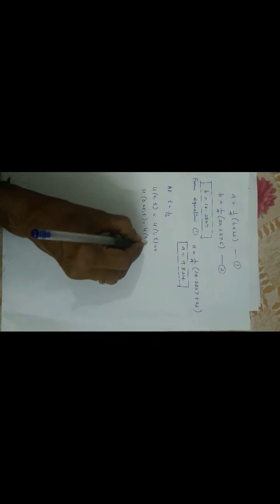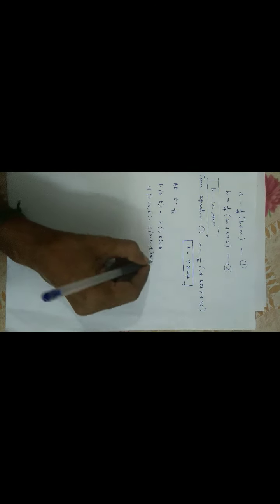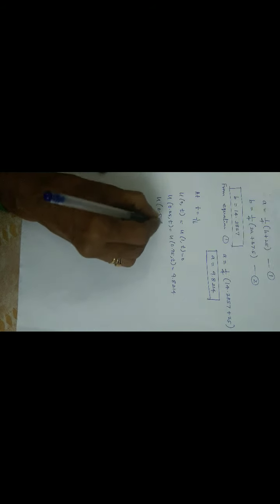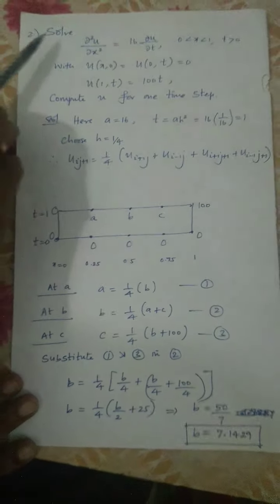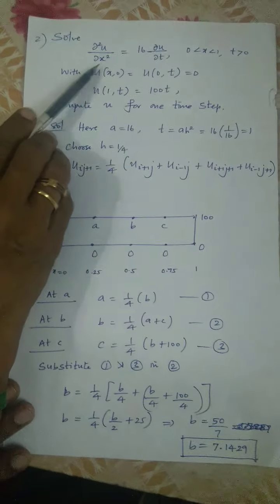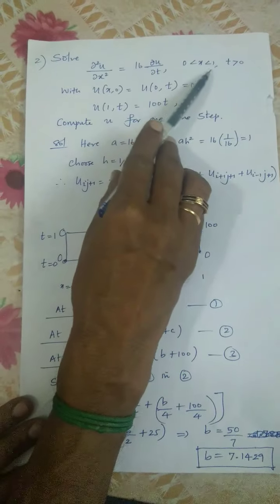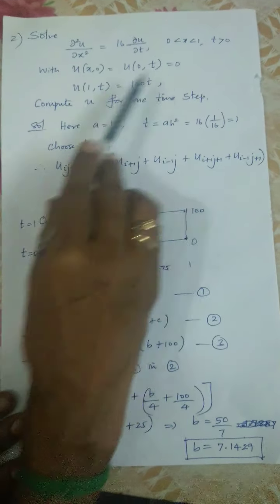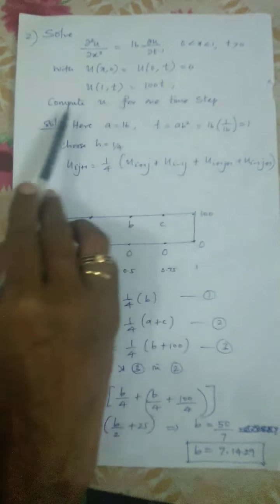Since it preserves symmetry, u(0.25,t) as well as u(0.75,t) have the numerical value 9.8214, and then u(0.5,t) equals 14.2857. Now solve ∂²u/∂x² equals 16 times ∂u/∂t, 0 less than x less than 1, time positive.